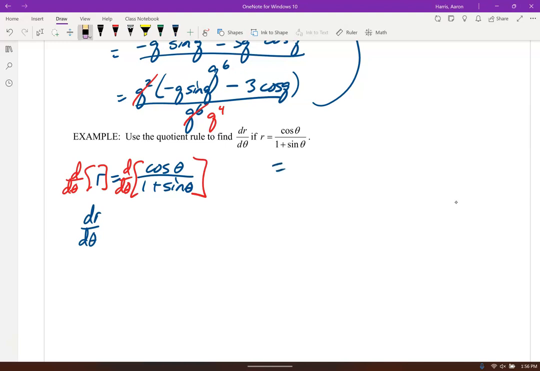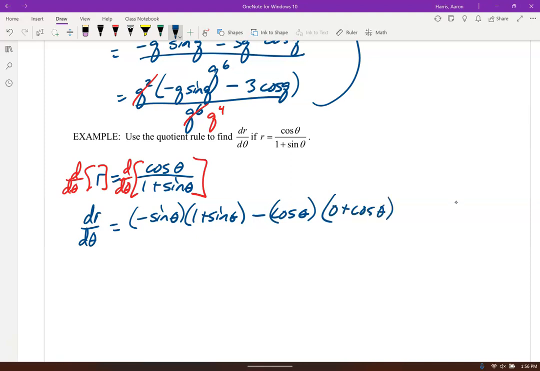So dr d theta equals derivative of the top is negative sine, that's the derivative of the cosine, times the bottom, leave it the same, minus the top times the derivative of the bottom. Well, the derivative of 1 is 0, derivative of the cosine is, oh, I'm sorry, derivative of the sine is cosine, so it's just a cosine right there, all over bottom squared.